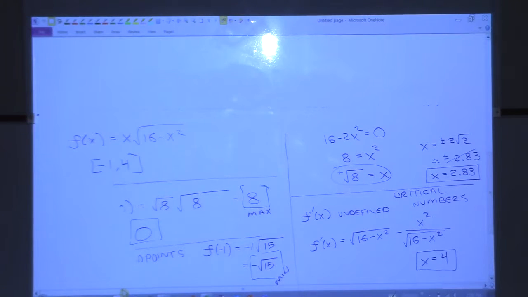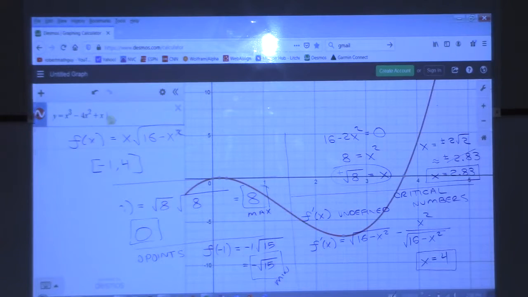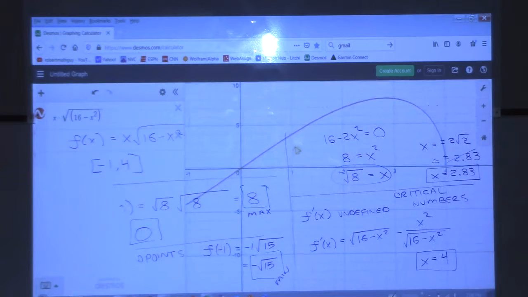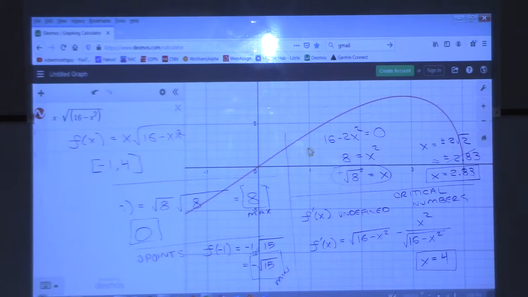So if we graph this, I think that's a graph we don't see every day, right? X times the square root of 16 minus x squared. There's the graph. And we're just looking between -1 and 4.